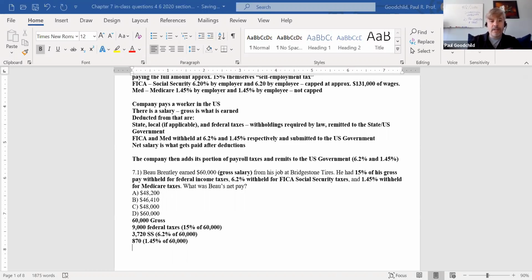And so we take and subtract those items out. So we've got 60,000 minus the 9,000 takes us to 51,000, minus the 3,720, 47,280, minus 870 is 46,410. That is net pay. So our answer is B.